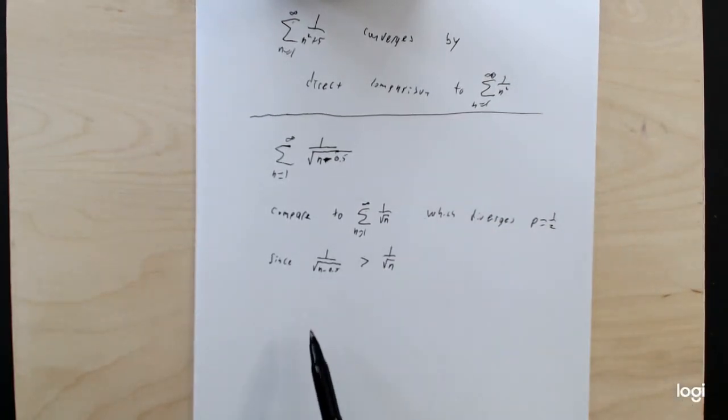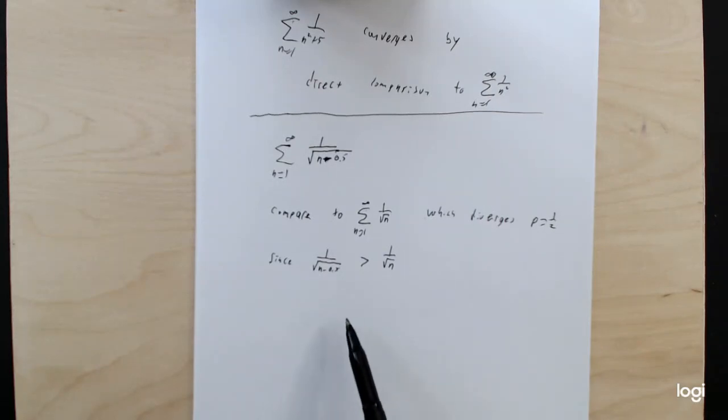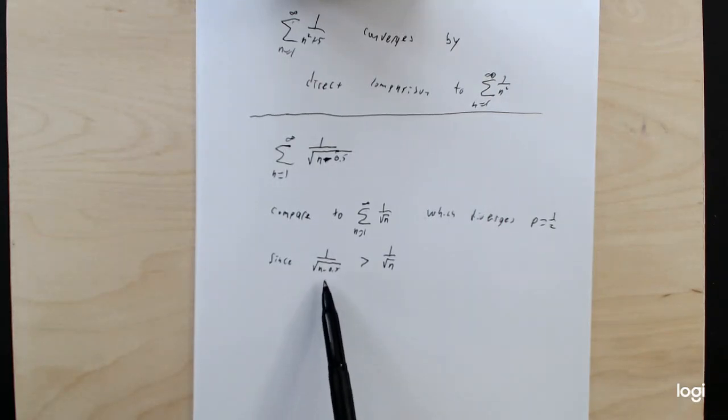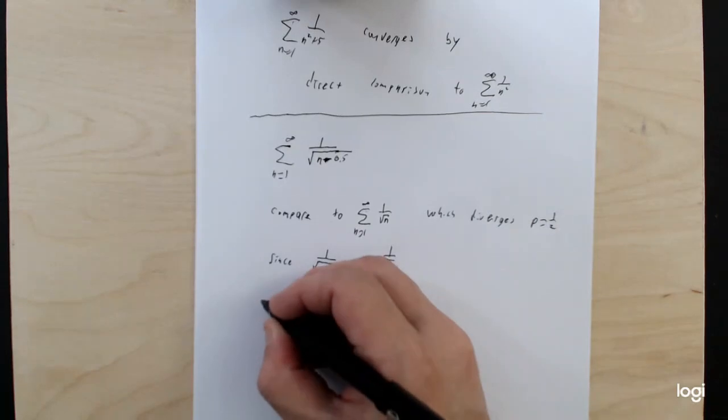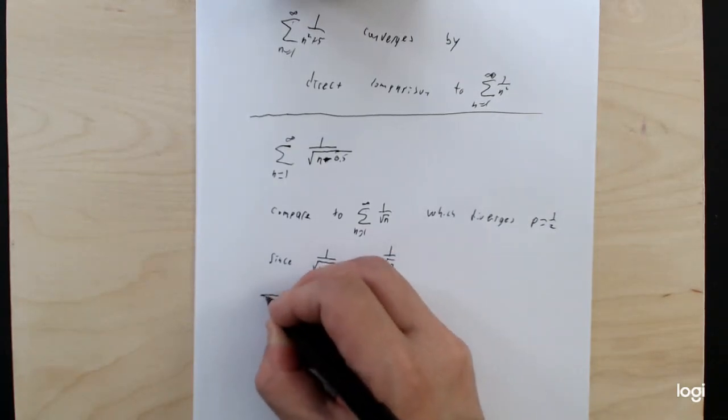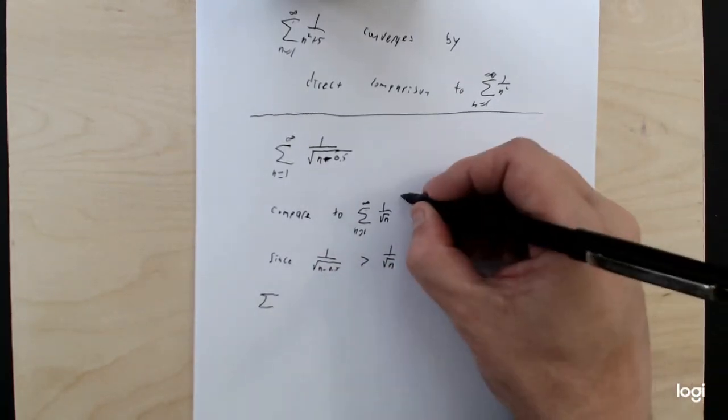Why is that the case? Well, if I grow a denominator, if I make the denominator bigger, it makes the whole fraction smaller. If I make the denominator smaller, it makes the whole fraction bigger. And so in this case, we will be taking this one to be our a sub n.